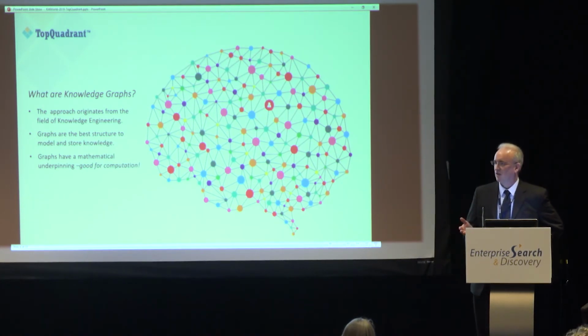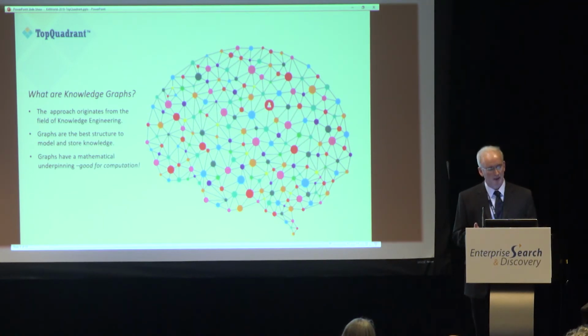This is in contrast to working with relational databases where you're confined to working with rows and columns, which is maybe not so close to how we think about things, or not always.